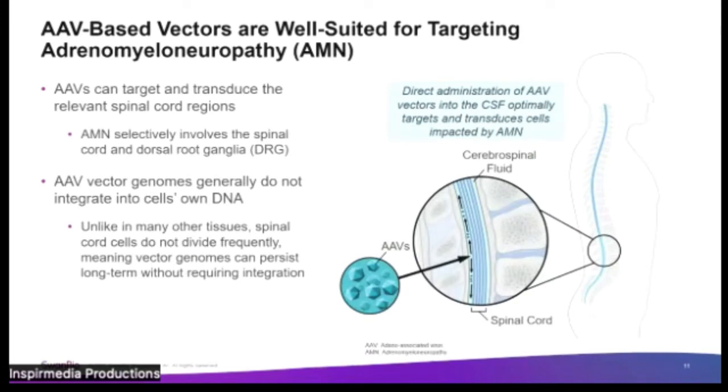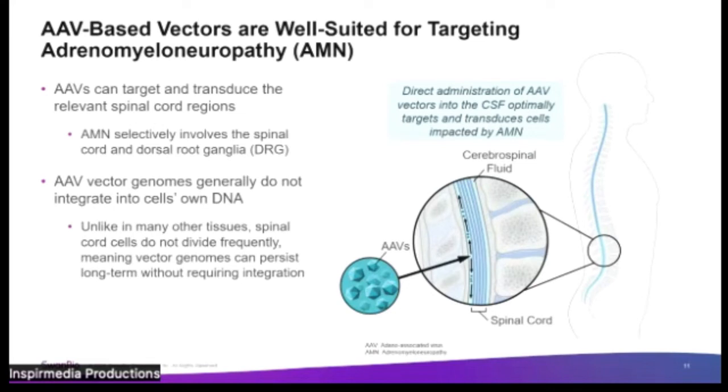And we chose AAV to target AMN for a couple of reasons, as opposed to the ex vivo type that Florian was describing. As I mentioned, the AAVs can target and deliver that genetic cargo to the types of cells that are in your spine, and those are the ones that are affected.